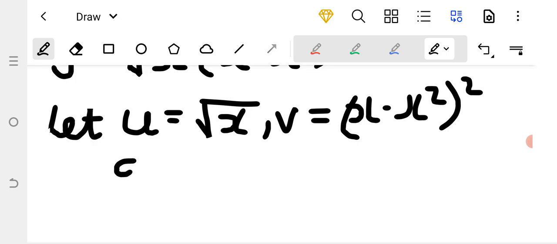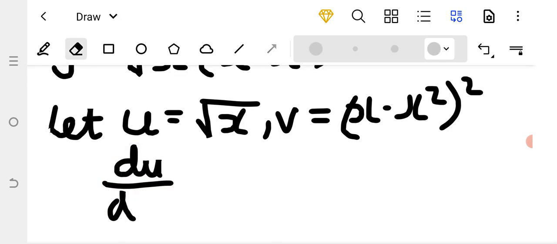So we're going to say du dx, or first of all, if I were to differentiate this in my head, it would look very confusing. So let us write it like this.